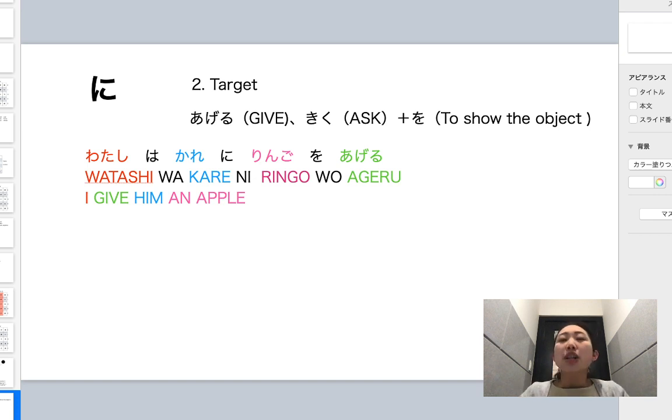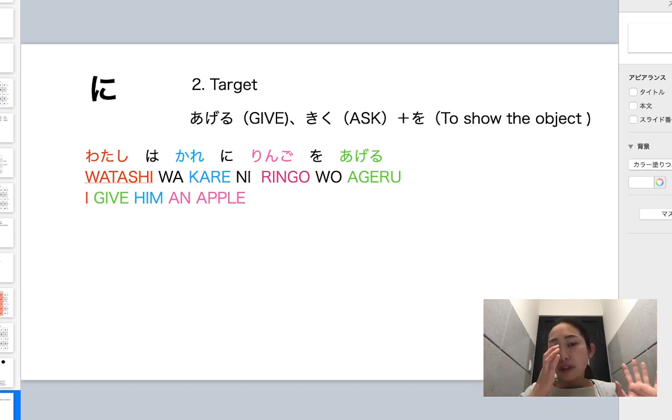But in Japanese, you need to put some supportive words like wa, ni, o to show who gives what to whom. Okay, so thanks to these supportive words, actually you can replace the words, and the sentence still works totally well.